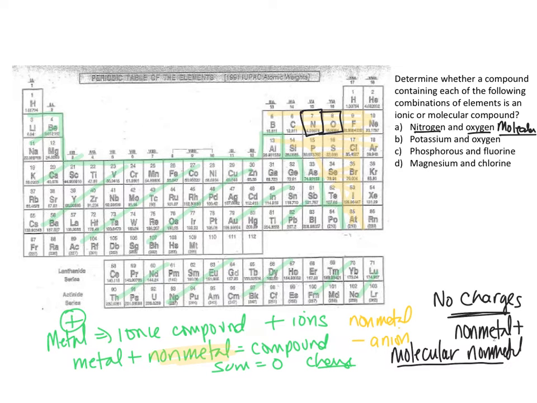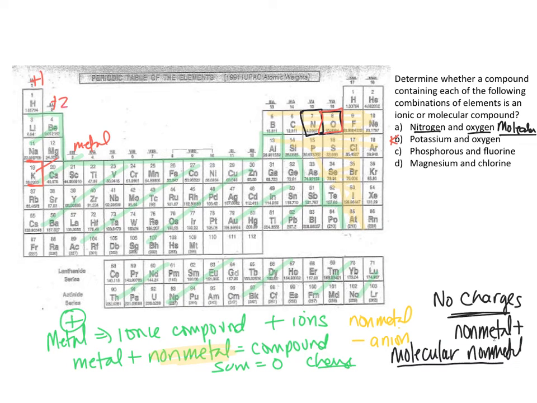Potassium is here, K. So potassium is K, and oxygen here. So this is a metal. And of course, you have a metal with a nonmetal. And this will end up being a +1 because the alkali metals are +1.